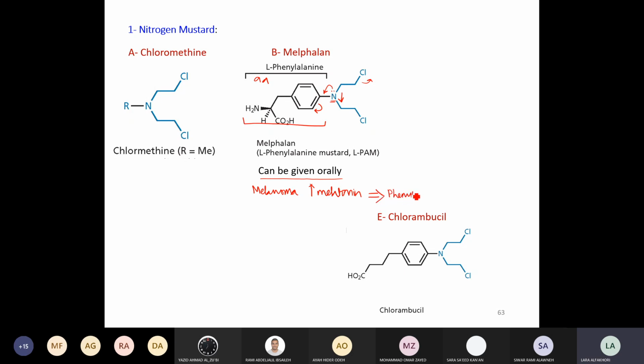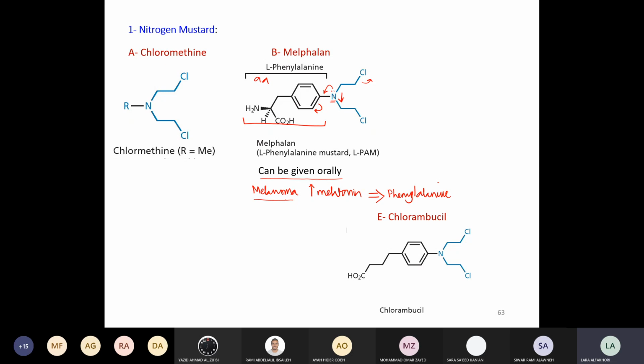So they proposed, and they designed this drug to specifically treat melanoma, that melanoma cells for sure need much larger amounts of phenylalanine, meaning they take up phenylalanine to a much greater degree than normal cells.